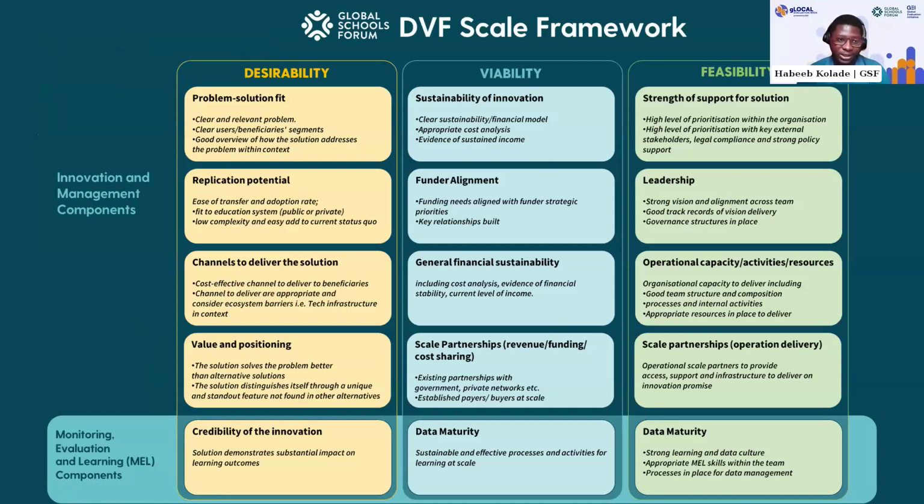The first is the innovation management component, and the second focuses a little bit more on the MEL component. Across the 3, we have 5 individual components in desirability, in viability, and feasibility. And these detail all the key components that organizations need to fulfill for them to be scale ready.